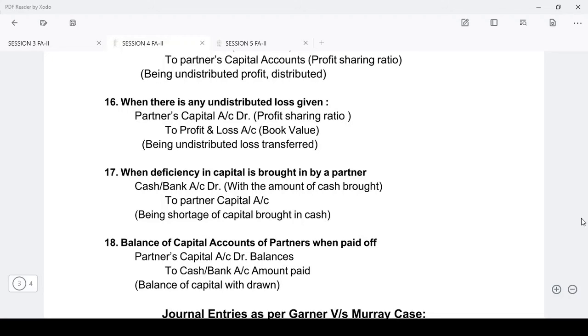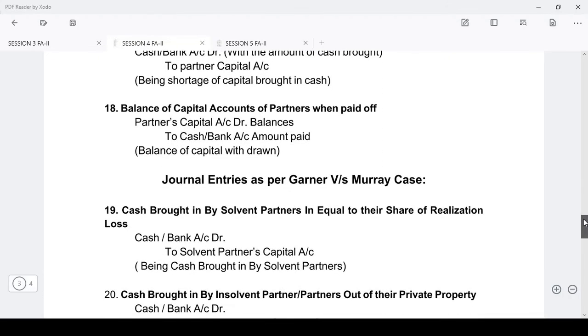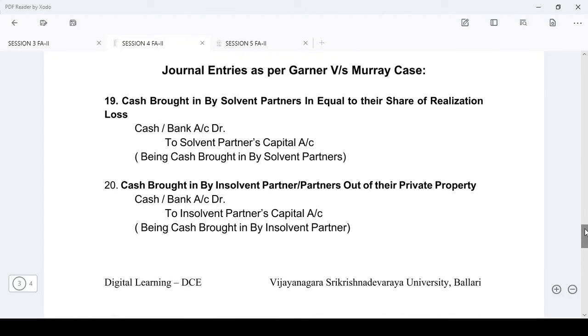But as we are learning dissolution due to insolvency by applying the rules of Garner versus Murray and the decisions given under Garner versus Murray, as we know, if there is any deficiency that should be brought in by the partners, we have just now learned according to the decisions of Garner versus Murray. Remember, if there is a realization profit, partners need not bring anything in the form of cash.